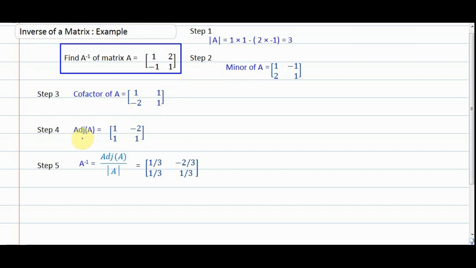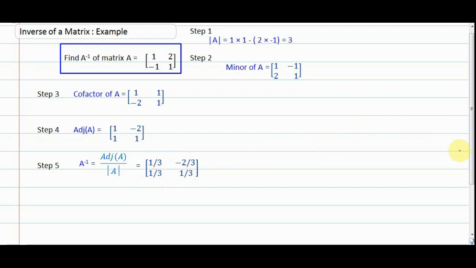So we will get adjoint of A equal to 1, minus 2, 1, 1. Now the last step is to calculate A inverse. A inverse is equal to adjoint of A divided by determinant of A, and we will get it as 1 by 3, minus 2 by 3, 1 by 3, 1 by 3. So this way we can calculate inverse of a given matrix.